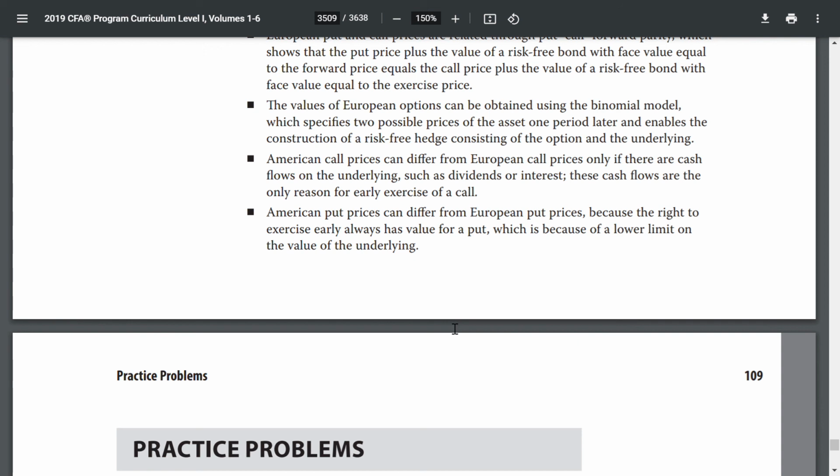These cash flows are the only reason for early exercise of a call. American put prices can differ from European put prices because the right to exercise early always has value for a put, which is bounded by lower limits on the value of the underlying.